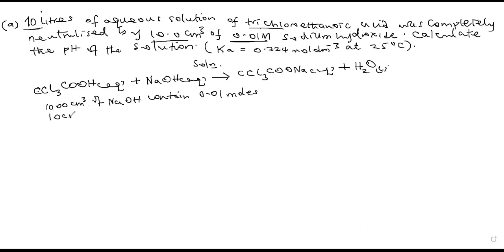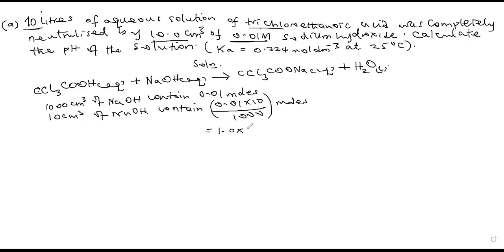Because 10 is the reacted volume. So 10 cubic centimeters of sodium hydroxide will contain 0.01 times 10 out of 1,000 moles, which gives 1.0 times 10 to the power negative 4 moles. These are moles of sodium hydroxide that reacted.